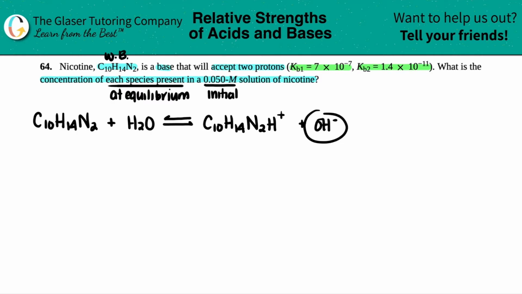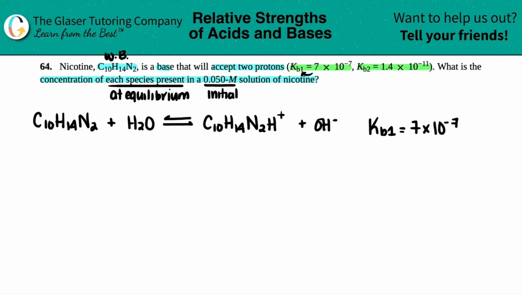And if you do produce OH minus in solution, you know that you're going to be a base. And since I only picked up the first hydrogen, that is the Kb1. The 1 stands for the first hydrogen that was picked up. So in this case, I only care about Kb1, which is 7 times 10 to the negative 7th.